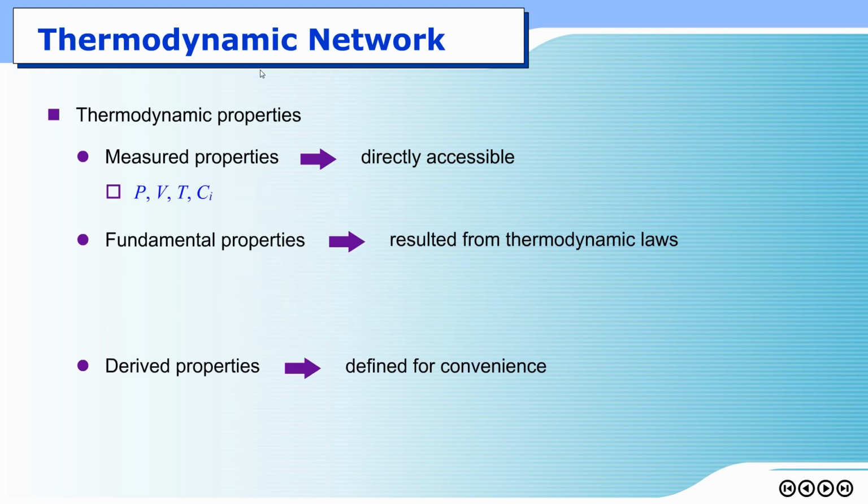In addition to pressure, volume, and temperature, the other variable that can be measured directly is concentration. We don't mention concentration quite often in Thermo 1 because we assume the system contains one single species.